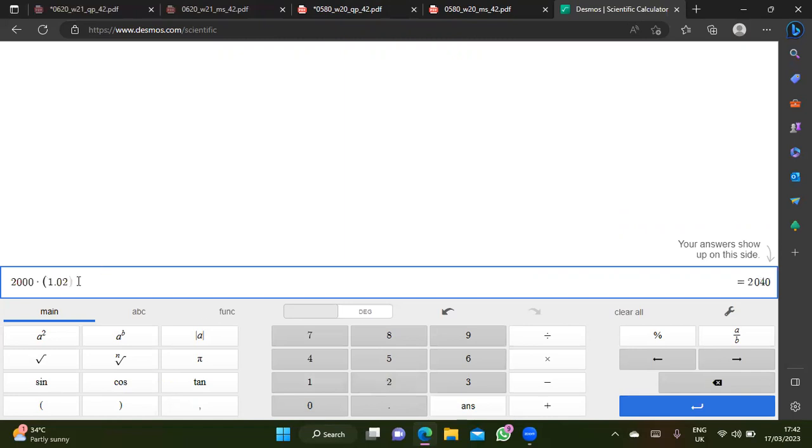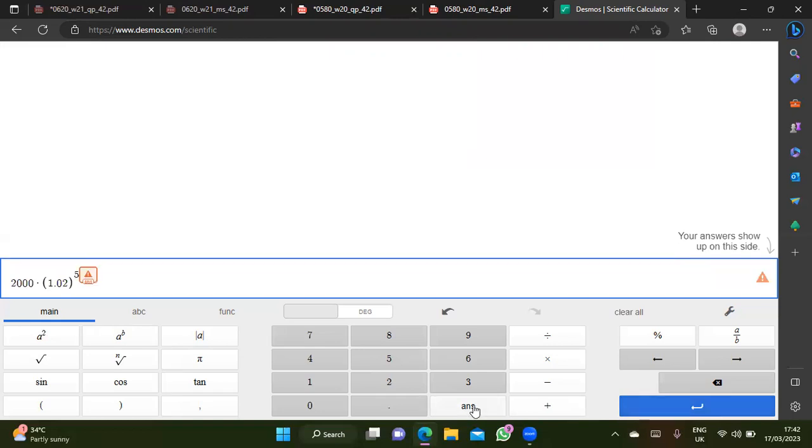You can see you key in everything just like what is in your calculator. Now what we're going to do is use the power function. So we press the power key, to the power of 5. Okay, and then we get the answer.